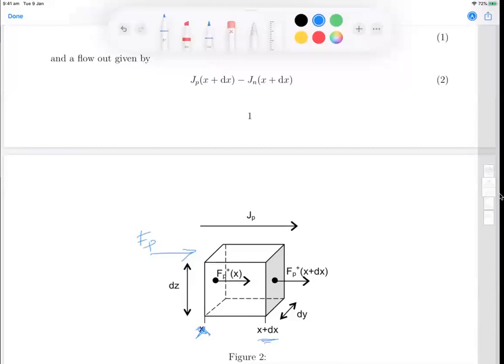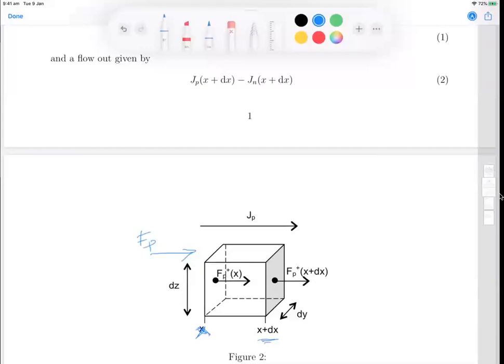So if we have recombination, an electron and a hole are involved. We have generation, again, an electron and a hole are involved. So we can treat these two fluxes as being independent, in the sense that there is a continuity or conservation for both of them.